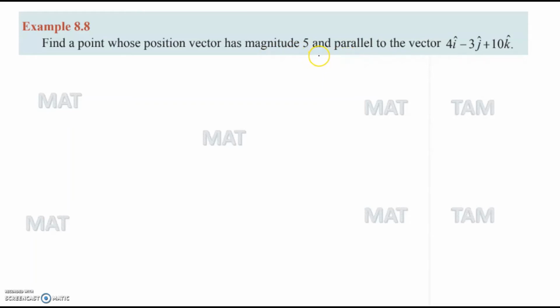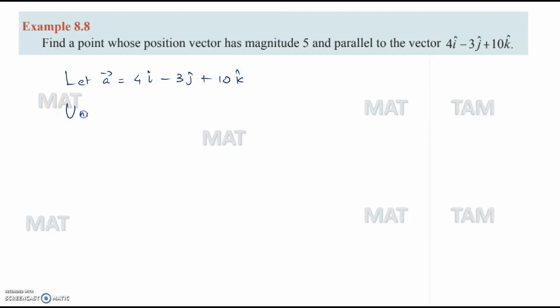So since our required vector is parallel to this vector, the direction cosines should be the same. Therefore, we can say let vector A be defined as 4i cap minus 3j cap plus 10k cap.